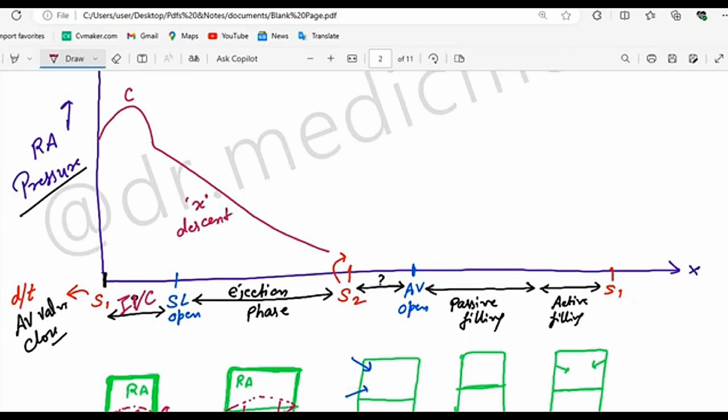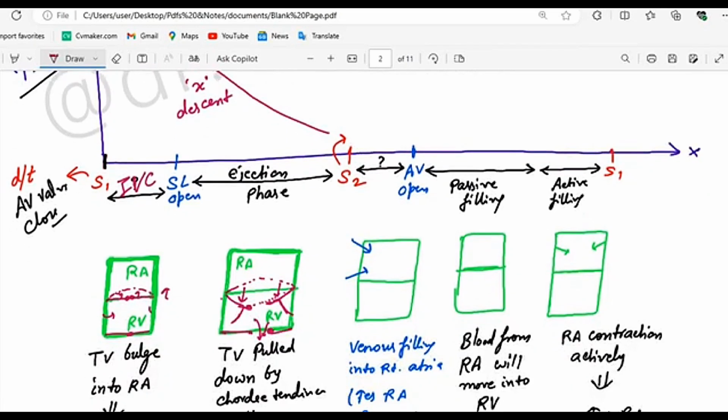Okay, now let's continue. What is the S2? S2 means SL valve closure. Now this valve is closed, and this valve is also closed. After some time, the AV valve will come automatically to its normal position.